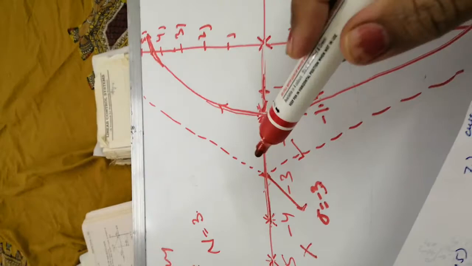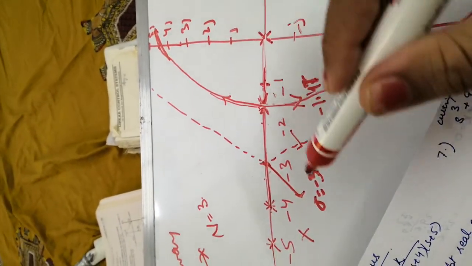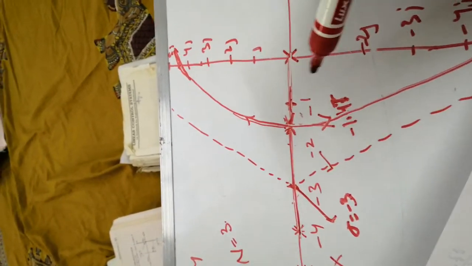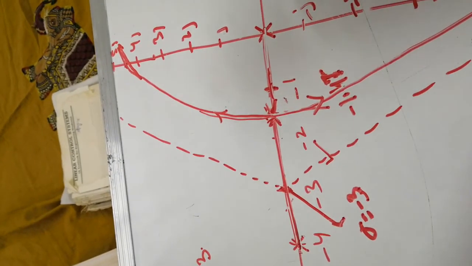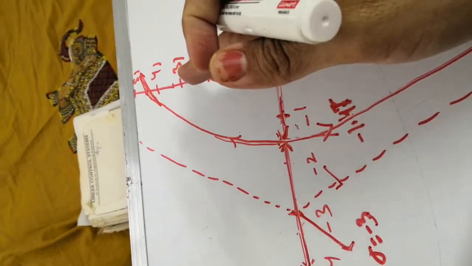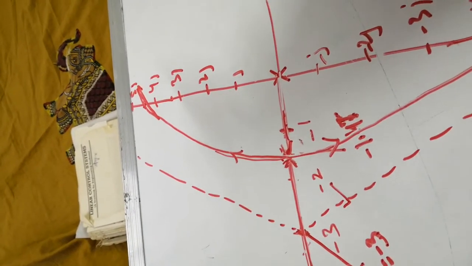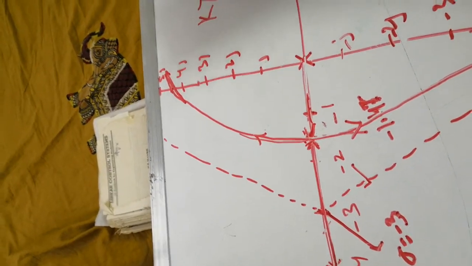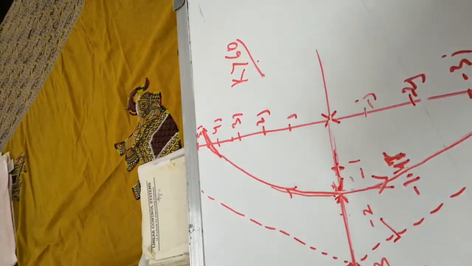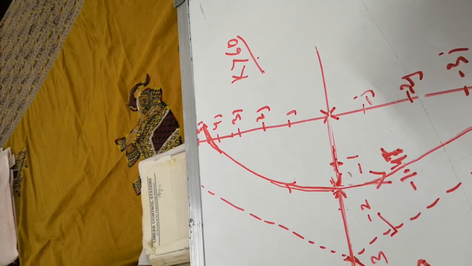Now we are going to find out at which value of k the system becomes unstable, at which value of k this root locus is going beyond that. So that is the value for k greater than 60.